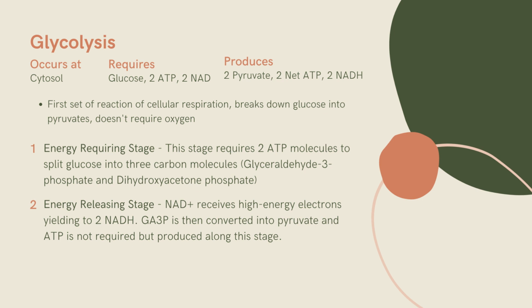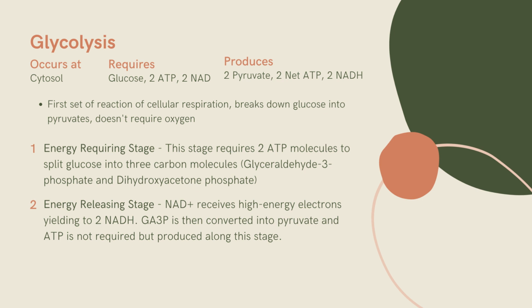NAD is again an energy or electron carrier. It produces two pyruvate, two net ATP, and two NADH. Net ATP means we subtract the ATP that we have used, but originally it produces 4 ATP. So 4 ATP minus the 2 ATP that glycolysis requires is equal to 2 net ATP.